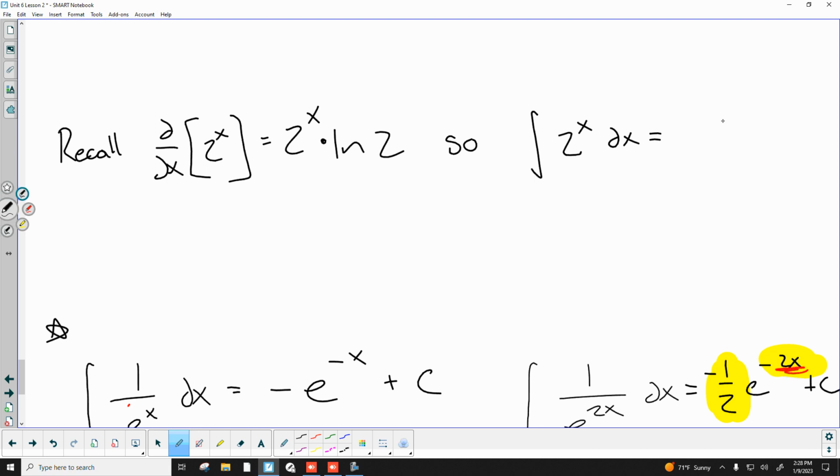The antiderivative of 2 to the x involves 2 to the x. But it can't be just 2 to the x, because 2 to the x's derivative is 2 to the x times the natural log of 2. I don't want 2 to the x times the natural log of 2. I just want 2 to the x when I take this derivative. So who can figure out what else I need?